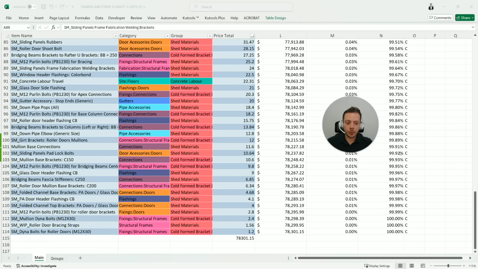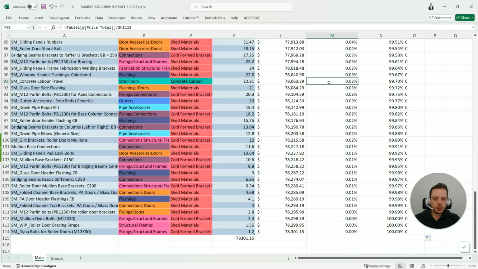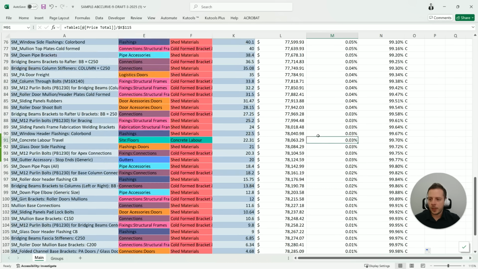And this is very frequent and repeats with time. I have onboarded many companies and some people always follow the same path. They are very detailed about, hey, I need to set up this concrete labor travel, and they create these very complex formulas. And you can see here for this specific project that this would represent 0.03% of the shed.